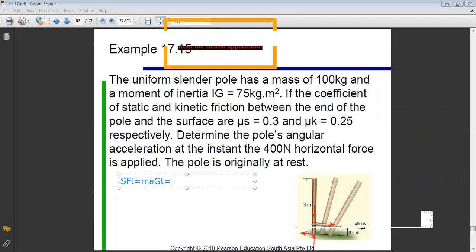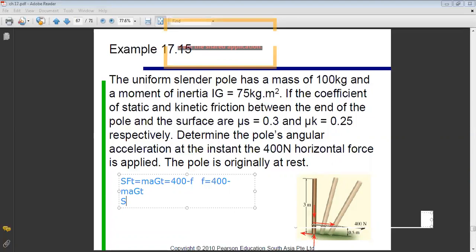Along UT I have two forces: 400 minus F. I already calculated AG tangential, so I deduce the value of F. So F is equal to 400 minus m AG tangential.